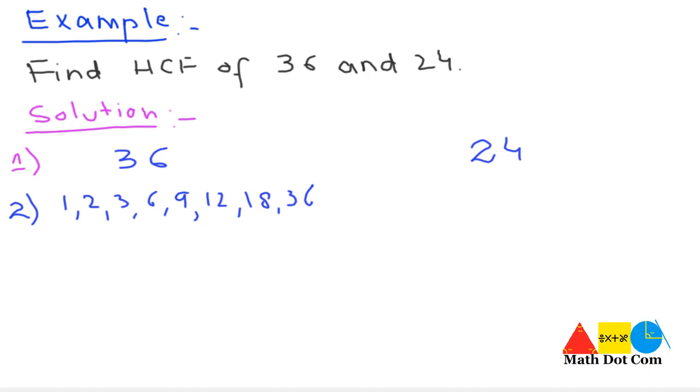How we find these factors, we will discuss in a few minutes. For the time being, you must focus on the concept of HCF, and how we can find it. Now the factors of 24 are 1, 2, 3, 4, 6, 8, 12 and 24.